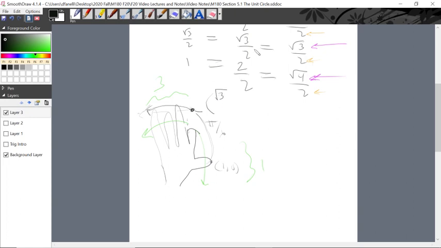The x-coordinate is the one with the 3 in the numerator. And we remember the pattern was to take the square root of the numerator's number and divide by 2. We always divide by 2. And the y-coordinate is read in this direction, so the number in the y direction is 1. So we take the square root of 1 and divide by 2. In other words, the coordinates associated with t equal to pi over 6 would be root 3 over 2, 1/2.